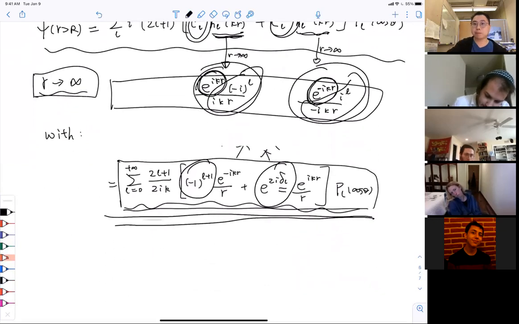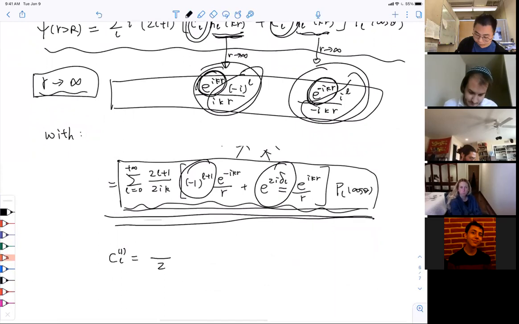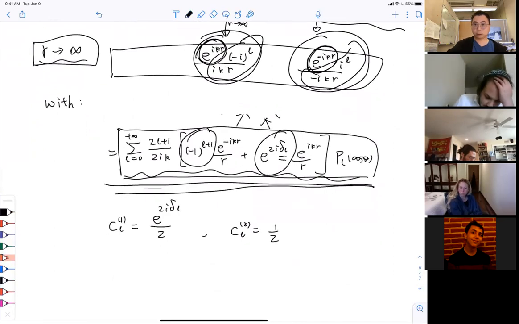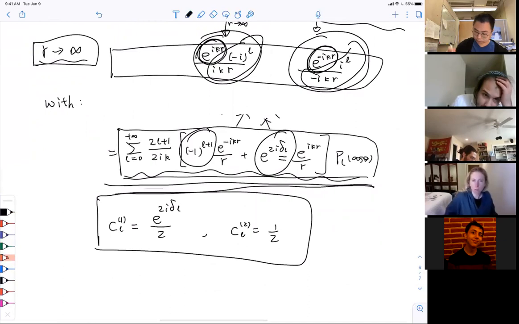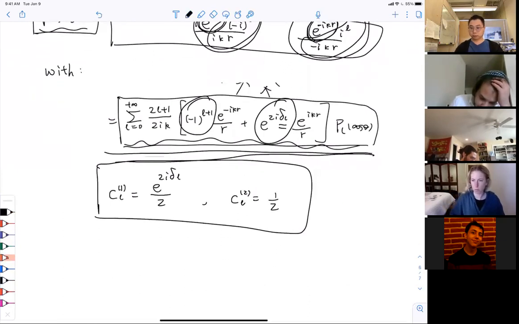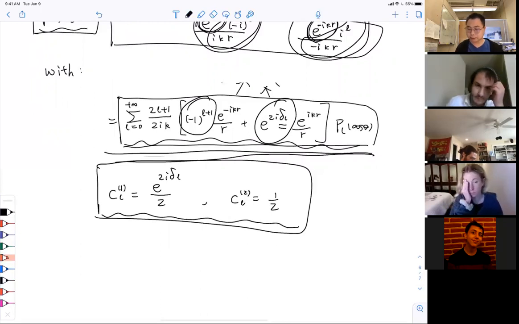So if you compare those two, we find the C1 is, and the C2 is this. This result is obtained by matching the boundary condition at infinity.